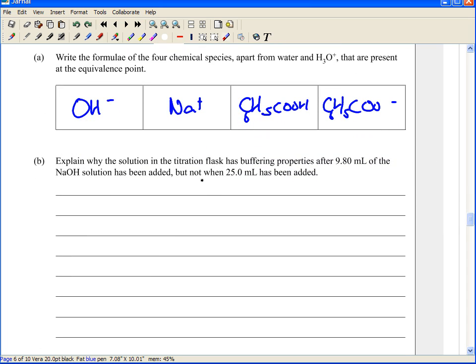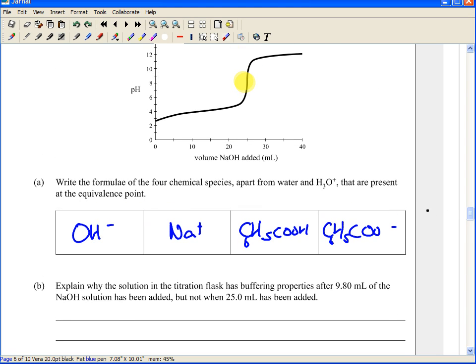Explain why the solution in the titration flask has buffering properties after 9.8 mils, okay, so 9.8, so it's right about there, of the NaOH solution has been added, but not when 25 mils has been added, so at the equivalence point, in other words.